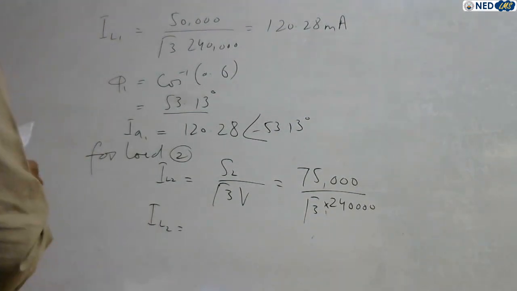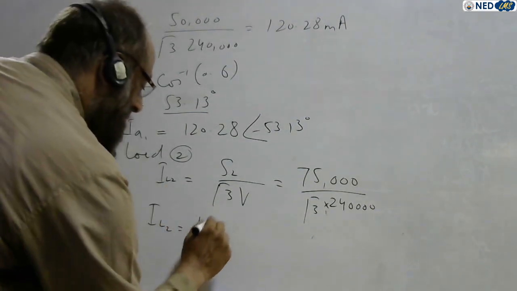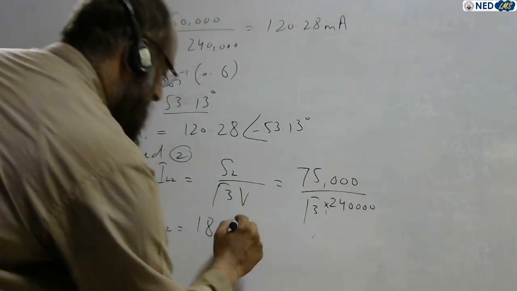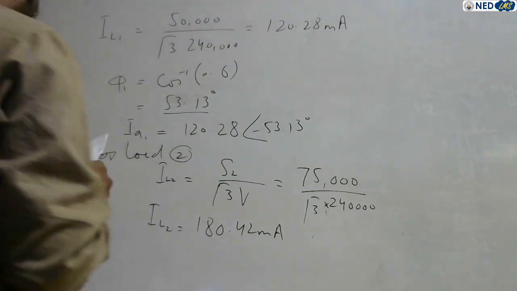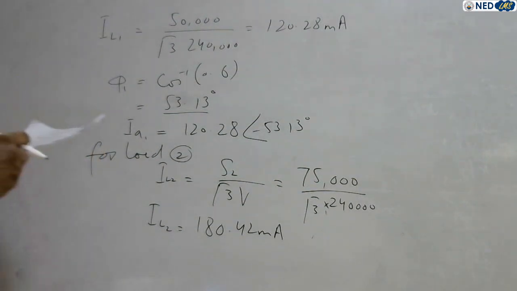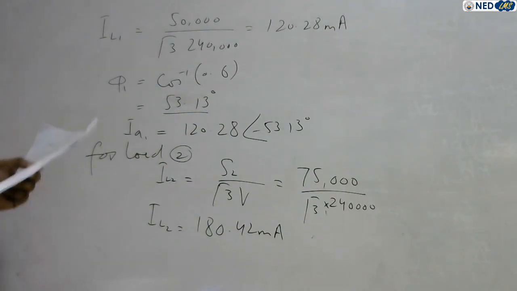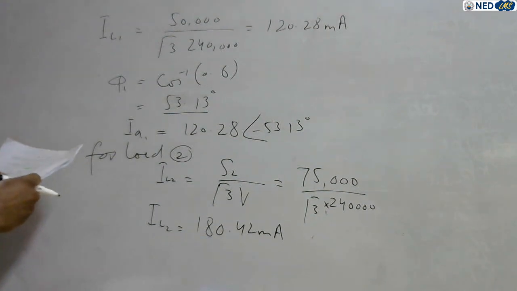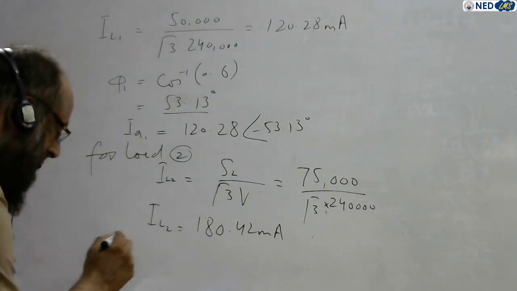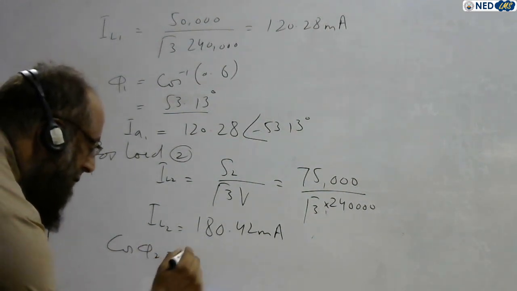The line current 2 comes out to be 180.42 milliamperes, and the line current lags the line voltage, since it was given in the beginning that the power factors are lagging. The power factor for load 2 was 0.8.